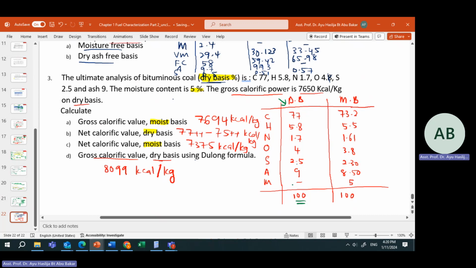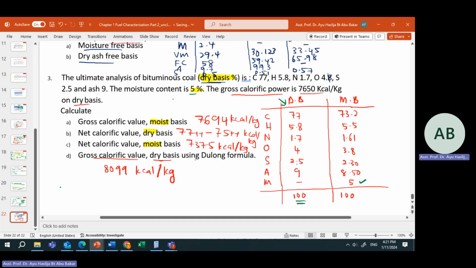Okay, now it wants to reverse, from dry to moist basis. We know the moisture content is 5%, so we include the 5% first over there.